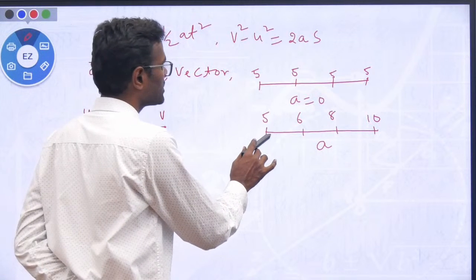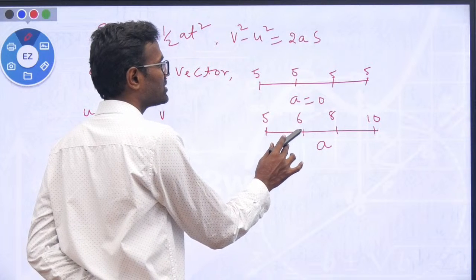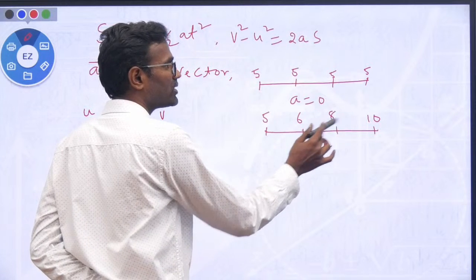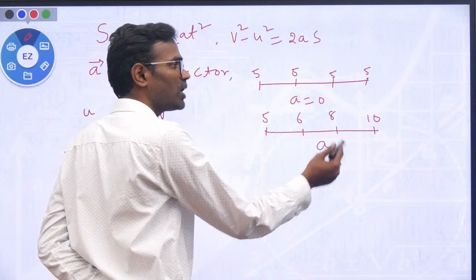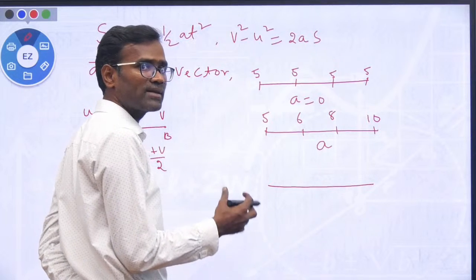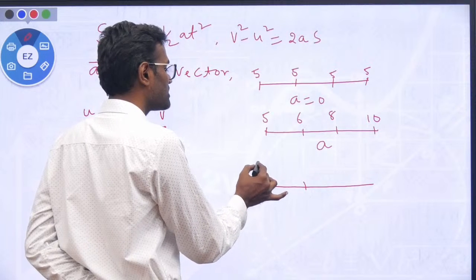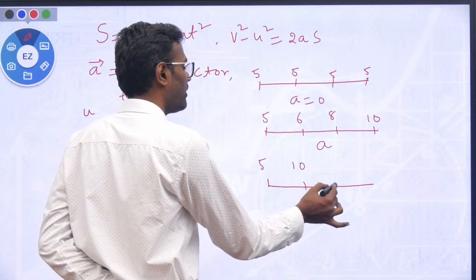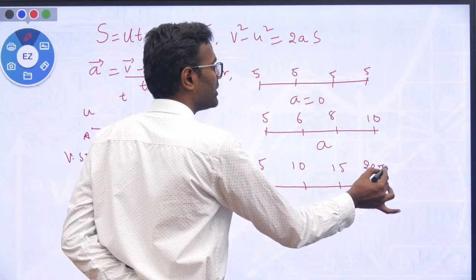Here you see the velocity changes from 5 to 6, 6 to 8, 8 to 10. So this is not uniform acceleration. Uniform acceleration means the acceleration is constant at every point. For example, here the speed is 5, here 10, here 15, here 20 meters per second.